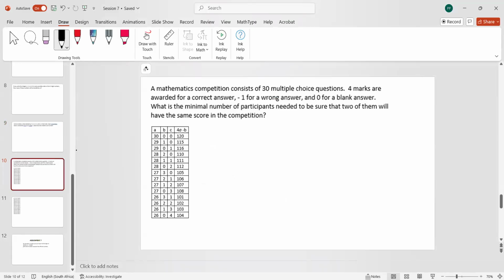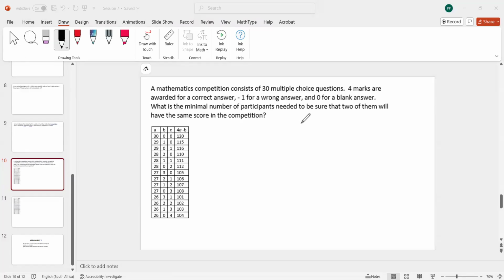Okay, now this is quite a hard problem. We have 30 people still in the class, so let's hope you understand the solution to this.